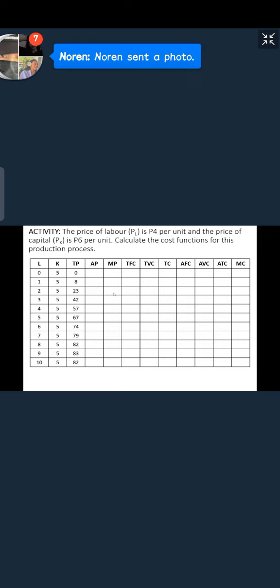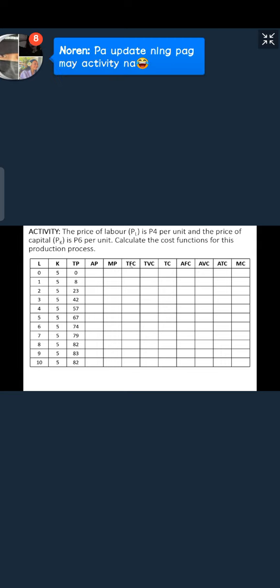So last week, you only computed the average product and your marginal product, right? But this time, you will also compute your total fixed cost, total variable cost, total cost, your average fixed cost, your average variable cost, your average total cost, and your marginal cost.